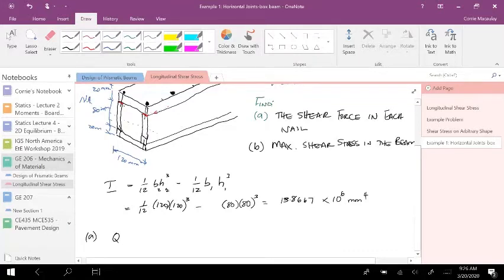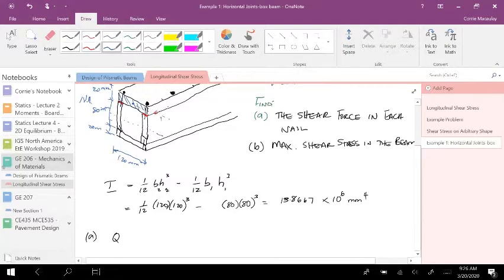And we want to determine Q above or below that section. So let's say we want to determine Q above because it seems like it'd be easier. So that's the area that we need to worry about, and therefore we need to go to the centroid of that area.